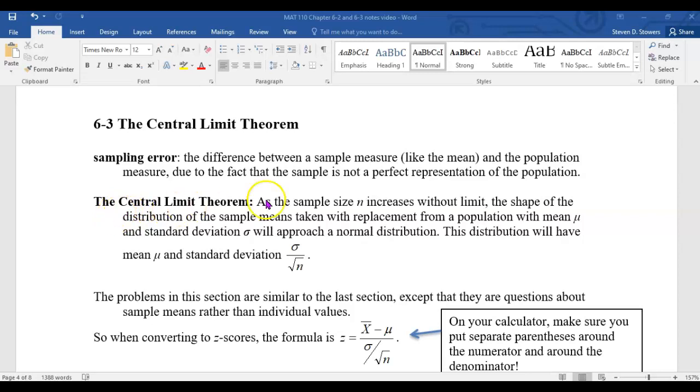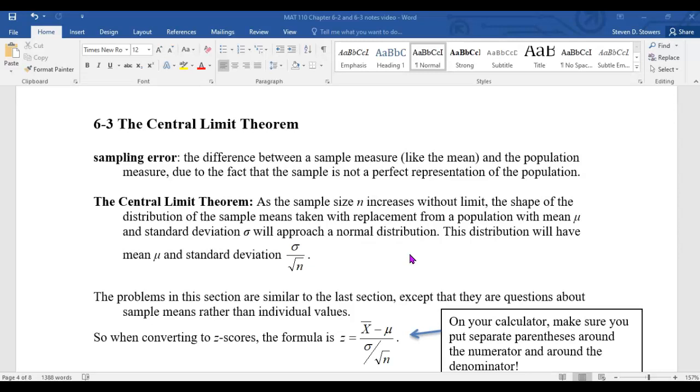So the central limit theorem says that, well, here's the official statement. But it says that if you take a big enough sample, and then you take another sample and another and a whole bunch of samples, and you look at the sample means for all those different samples, they would tend to follow a normal distribution.